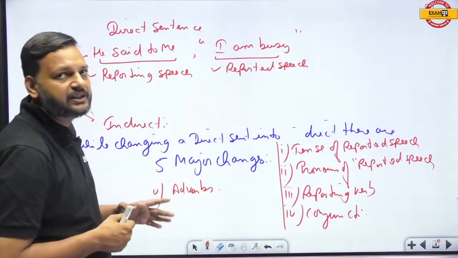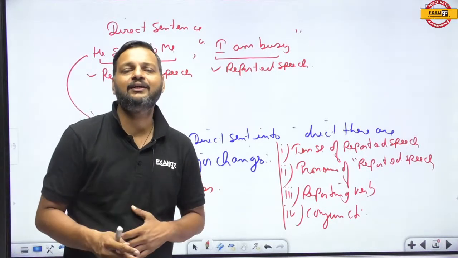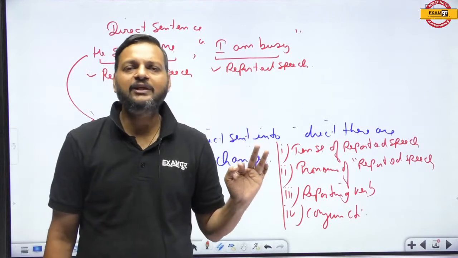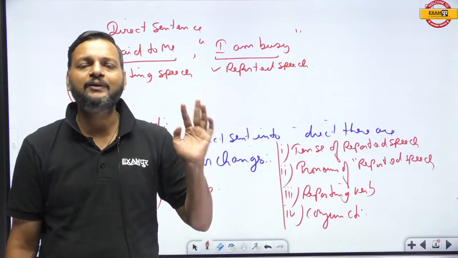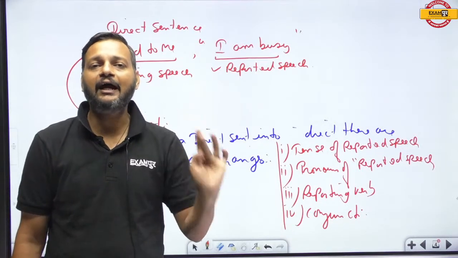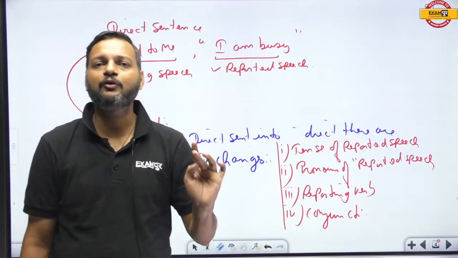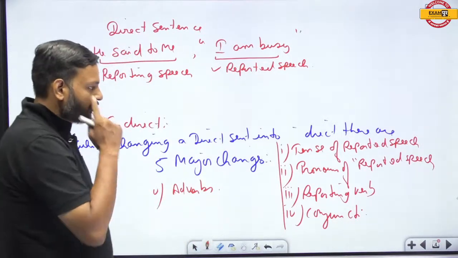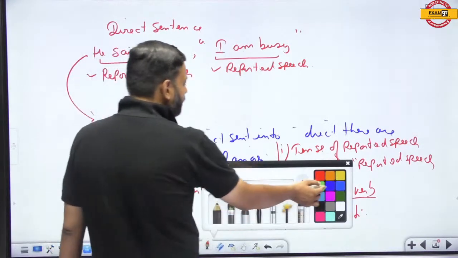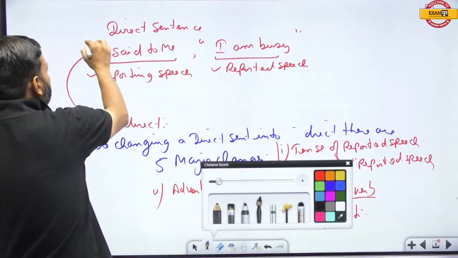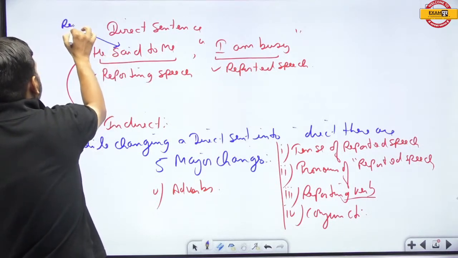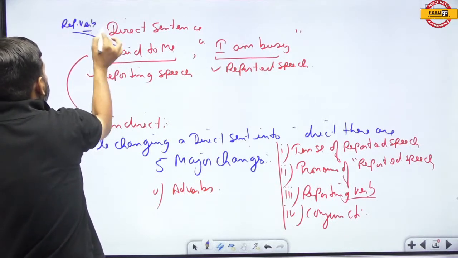So these are the 5 changes that we do while changing a direct sentence into indirect. Here I have told you that we have to change the reporting verb. So what is reporting verb? The verb used in reporting speech is reporting verb. So this is very important.